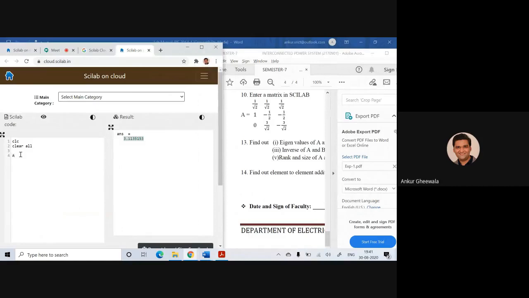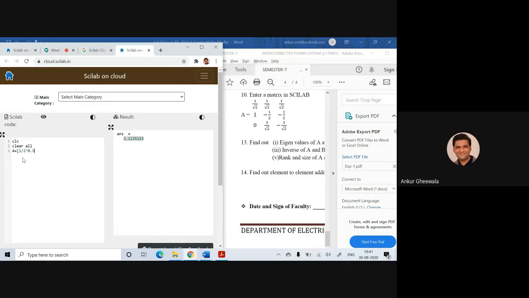Matrix A, so A equals, now I will use a square bracket. First of all, 1 by root 2, so 1 divided by root 2. So I will use 2 caret 0.5.